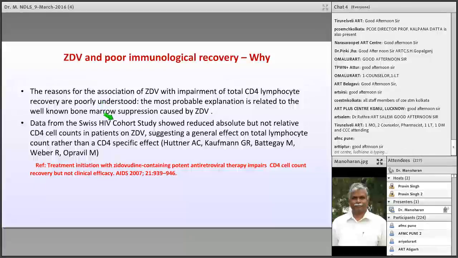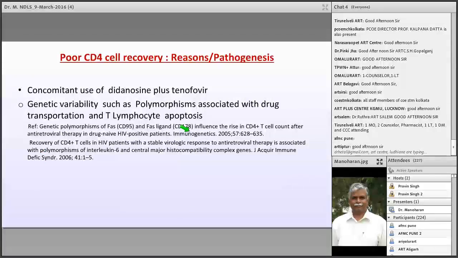But the data from the Swiss HIV cohort study says it is a general effect on total lymphocyte count rather than a CD4 specific effect. So this is the reason why zidovudine causes poor immunological recovery.